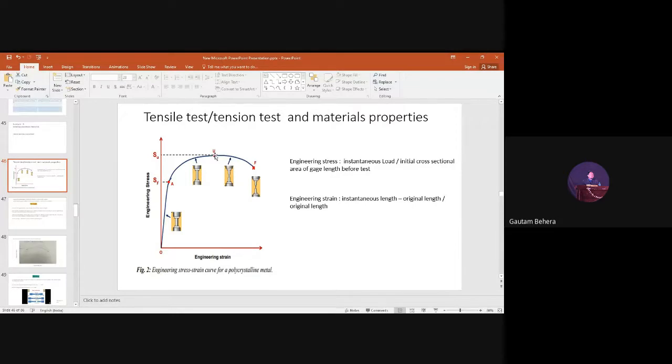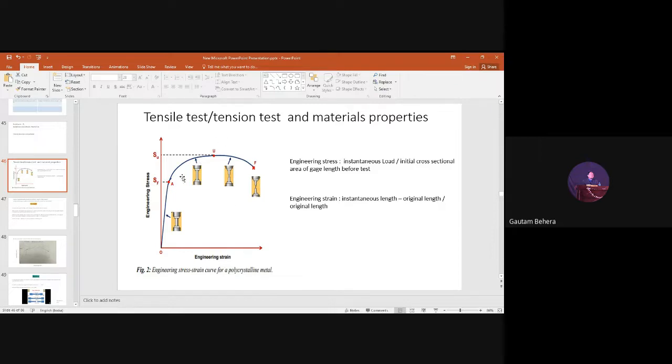Then after that, this curve will fall, and finally here the rupture or fracture will occur. Fracture means separation of a single material into two or multiple parts; here it will separate into two parts.